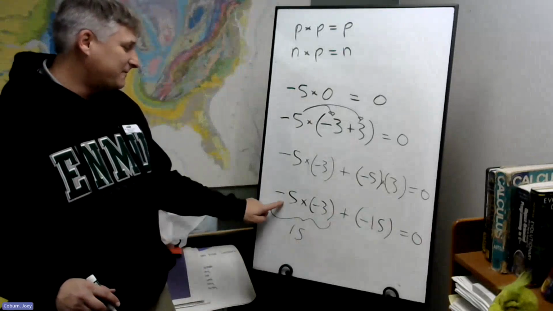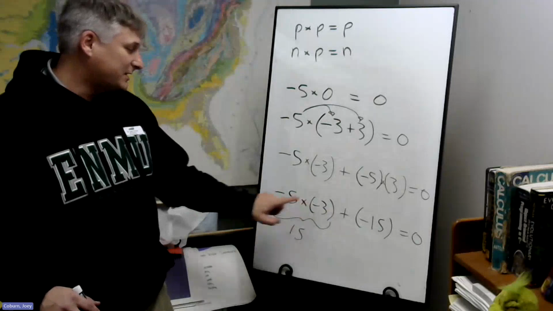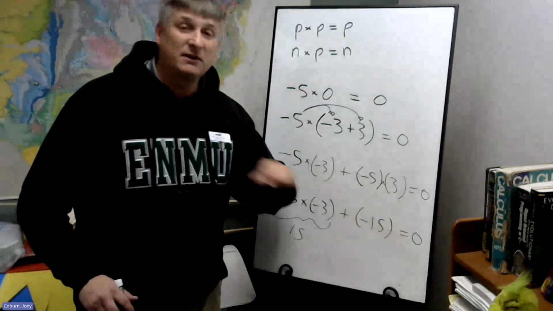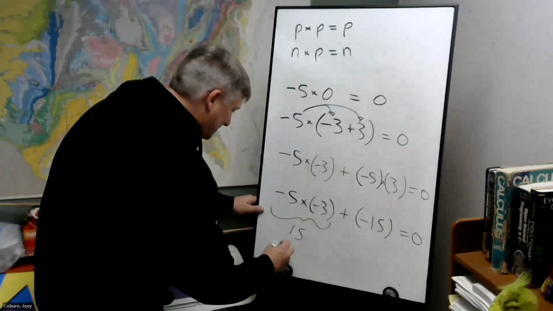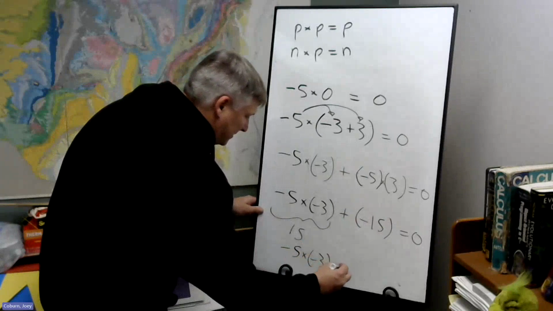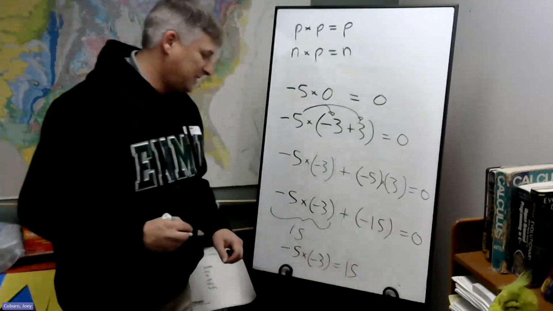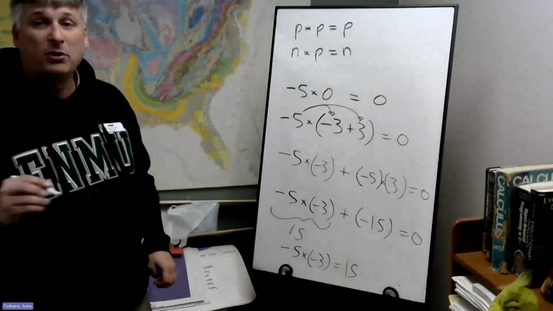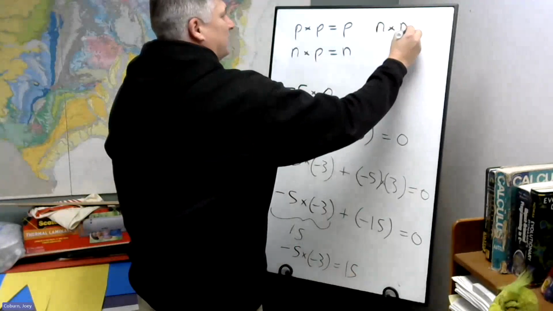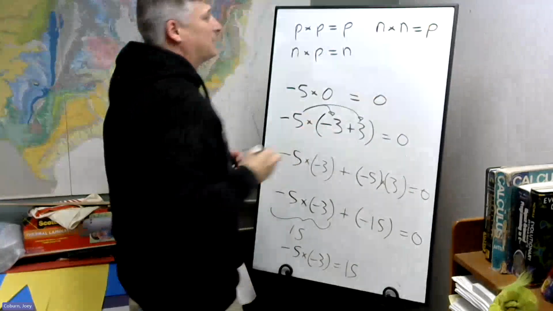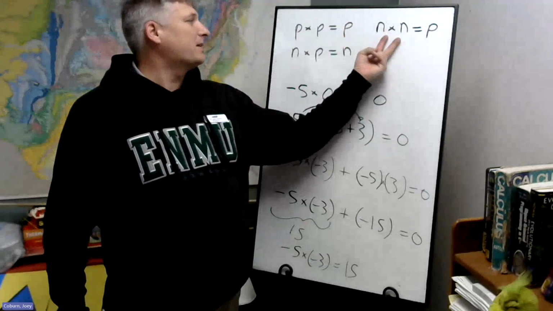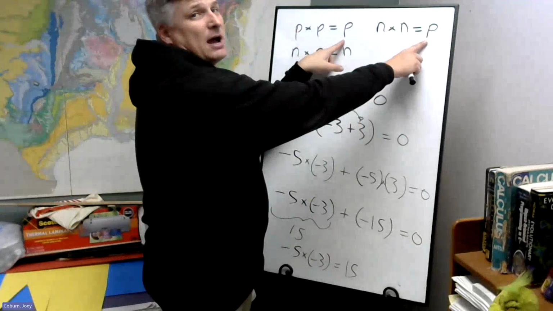So that means negative 5 times negative 3 has got to be 15, because only 15 plus negative 15 would give you 0. So negative 5 times negative 3 is 15. Or put another way, negative times negative also equals positive. So what we're getting is this: when the signs are the same, the answer is positive.